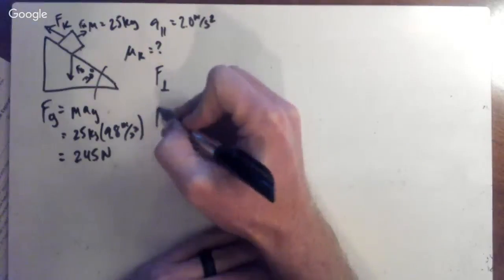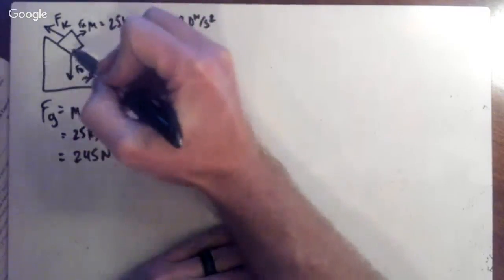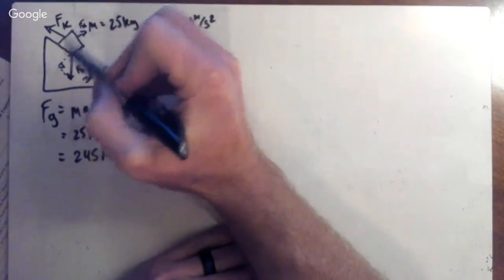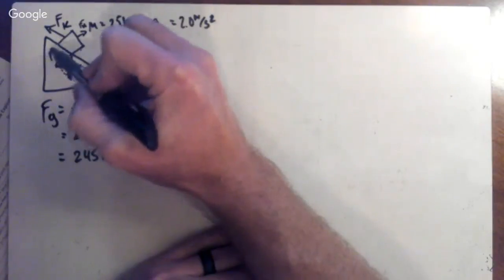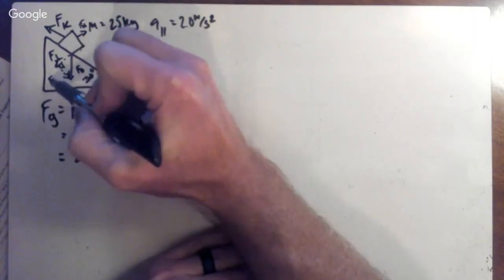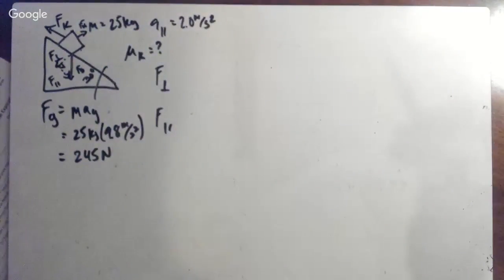Next, we're going to calculate our F parallel and our F perpendicular. We draw a little fake triangle. We have this guy, which is F perpendicular, and this guy right here, which is F parallel. This is a lot like the example I just loaded up on my website earlier today.